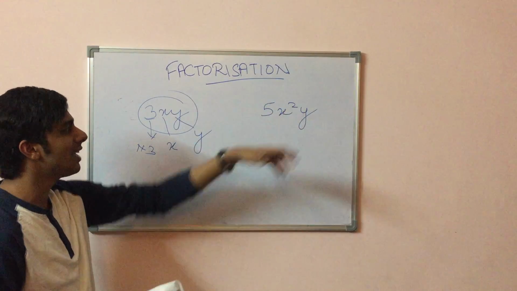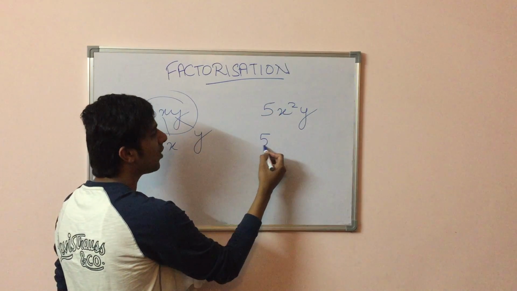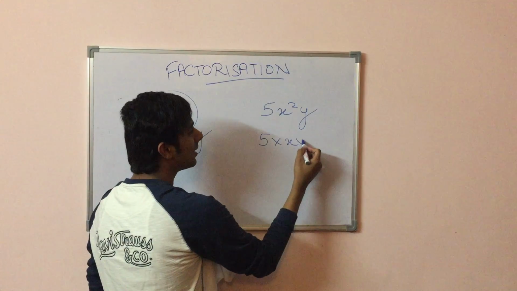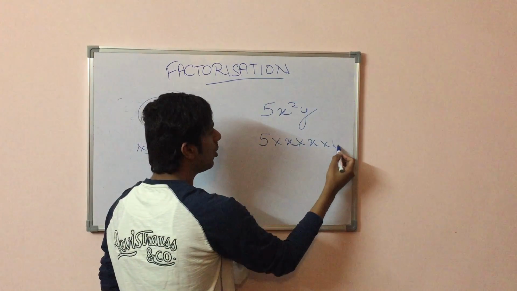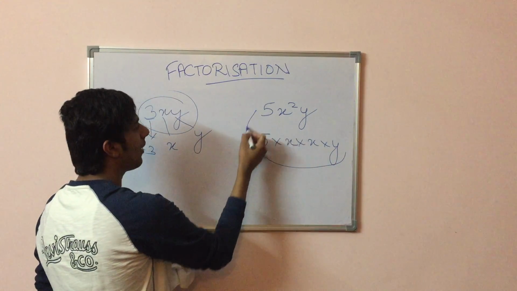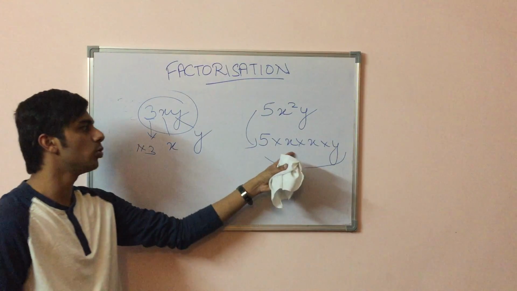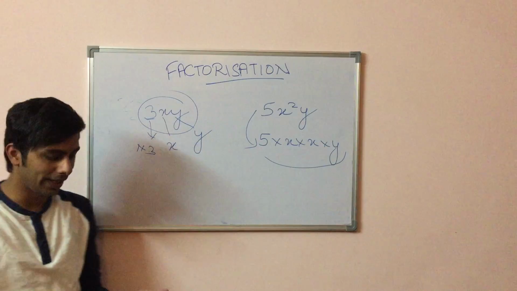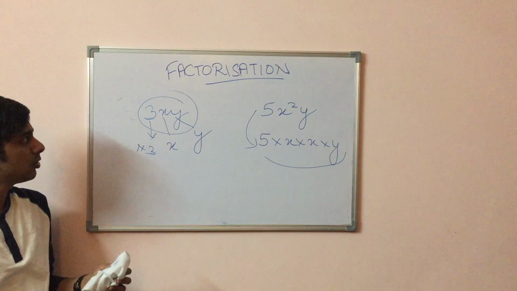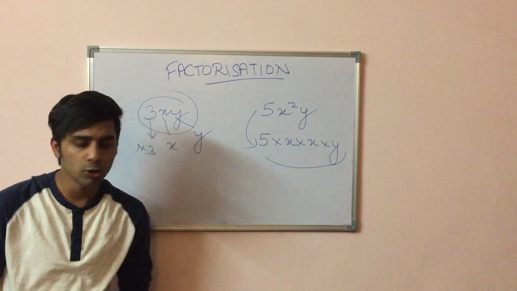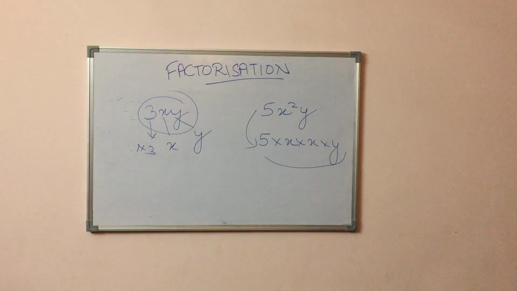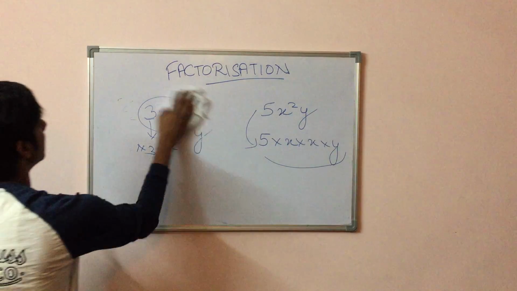If I say 5x square y, it can be written as 5 into x into x into y. This is how you expand 5x square y. Now, coming on to our main topic, how we will factorize these things.